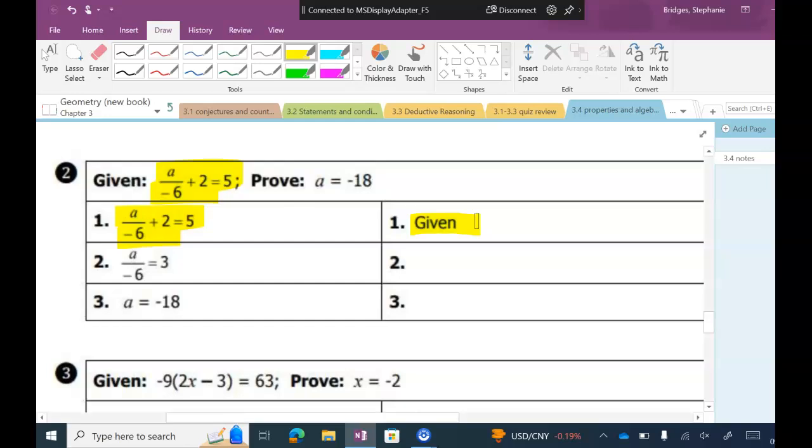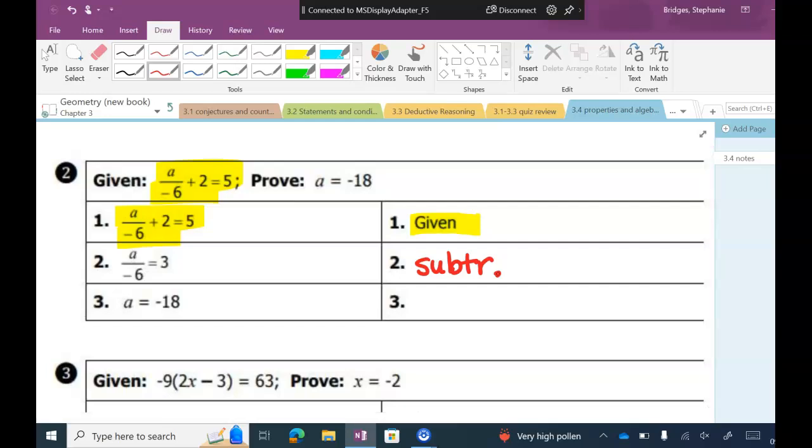How did I go from a divided by negative 6 plus 2 equals 5 to a divided by negative 6 equals 3? What did I do? I subtracted my 2. So my reason is going to be the subtraction property. Now, look, if you're going to abbreviate subtraction, we have 2 properties that start with the same 3 letters.